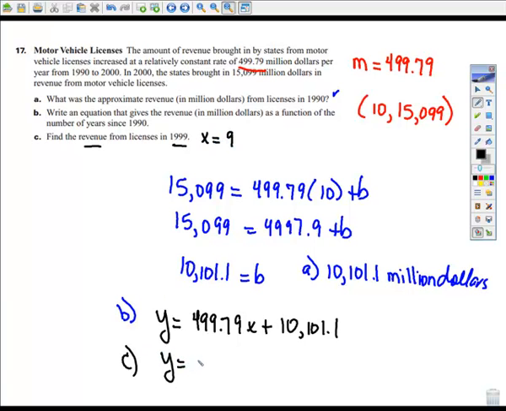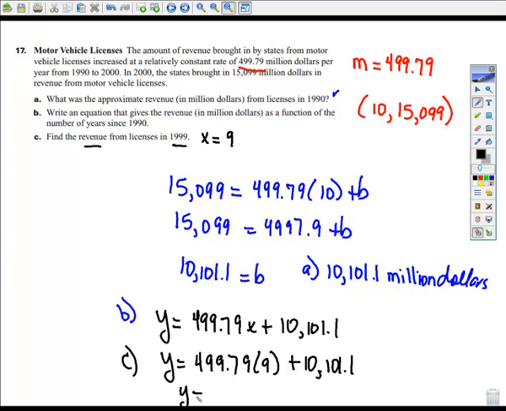So we just go y equals 499.79 times 10 plus the 10,101.1.